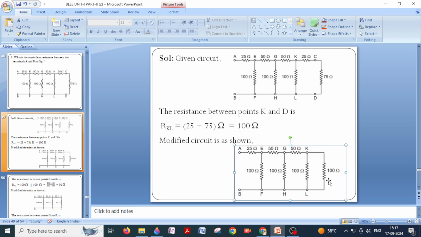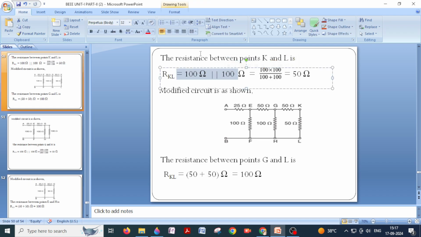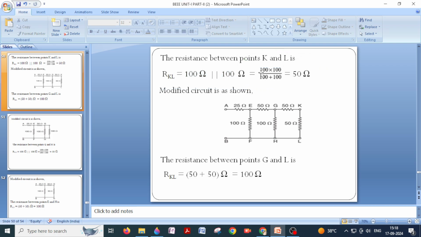Since they are connected in parallel, we can further simplify. The equivalent resistance is 100 into 100 by 100 plus 100. You just calculate this, you will get 50 ohms.